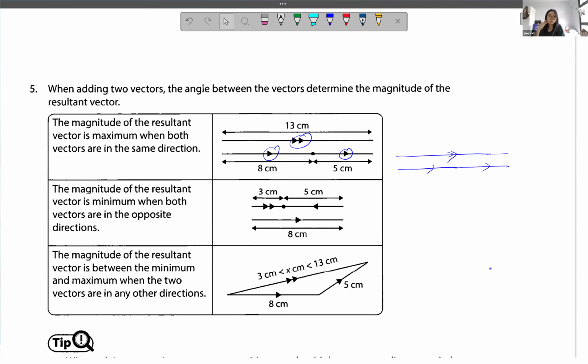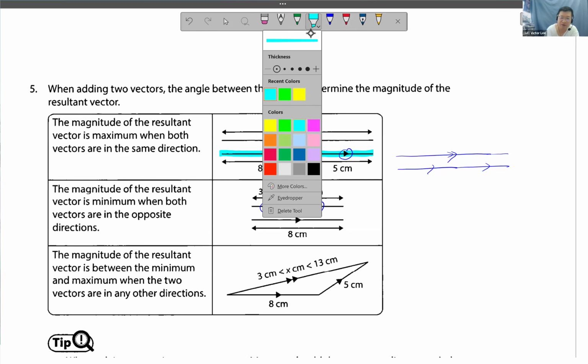On the other hand, if you have 8 cm to the right and 5 cm to the left, how will it become? Let me show that. This one plus this one becomes the resultant.